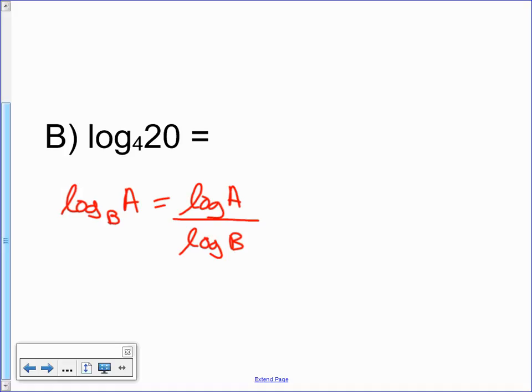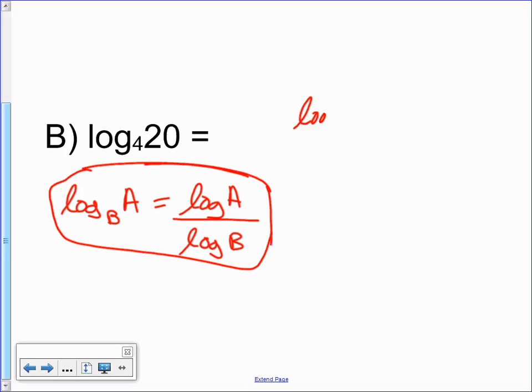So it goes log answer divided by log base. That's the formula for change of base. So this is equal to log of 20 divided by log of 4.